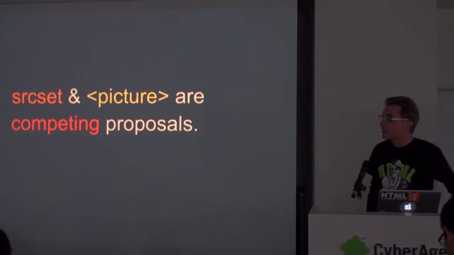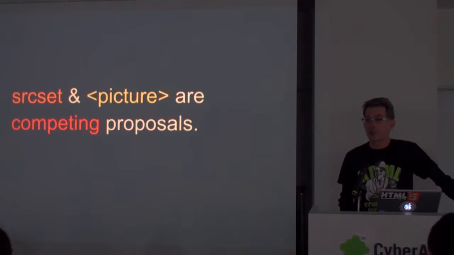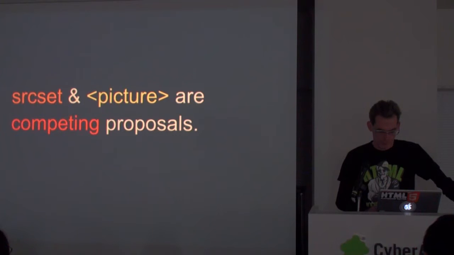The one that's more likely to succeed, I think, is the source set attribute, because the browser implementers don't like the picture proposal. It's complicated to implement, but it's also likely to cause bugs, and bugs that source set isn't going to cause.